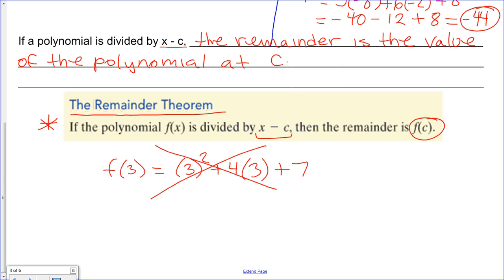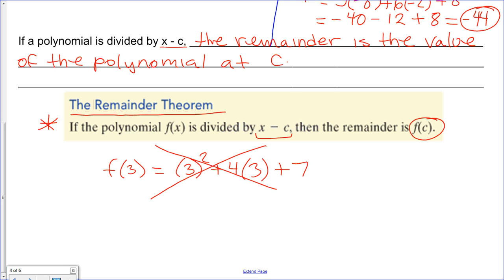So what kind of division should you use? Synthetic division, and then use the remainder to give your answer. I'm warning you, don't say I didn't say that. It's on video. If I ask you to use the remainder theorem, you must use synthetic division.